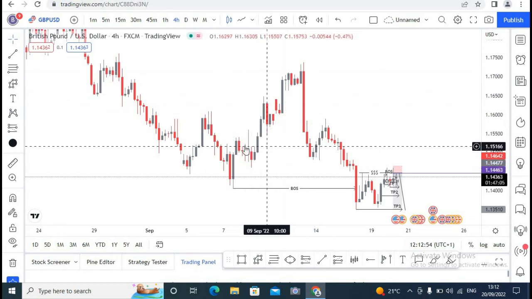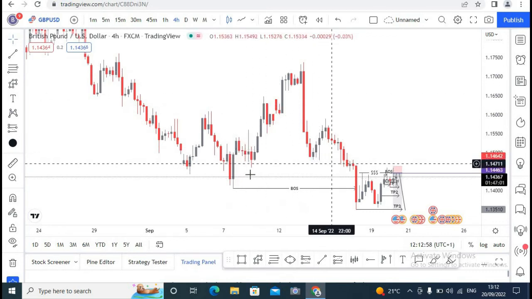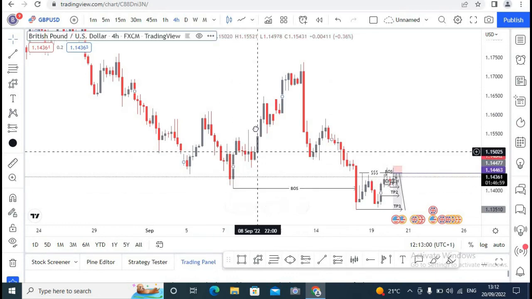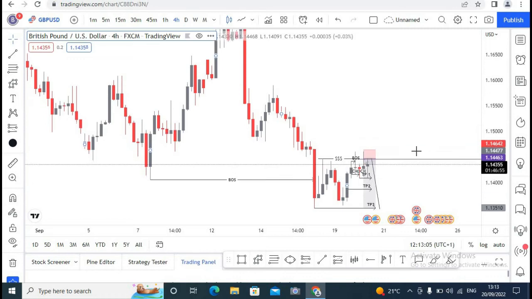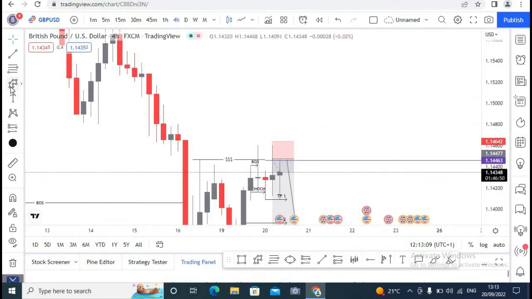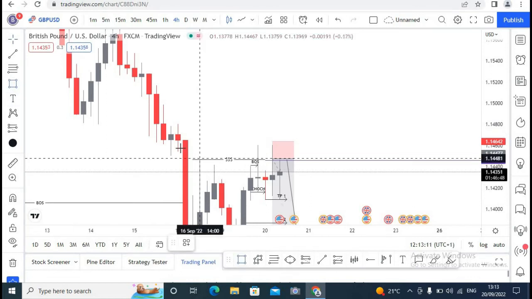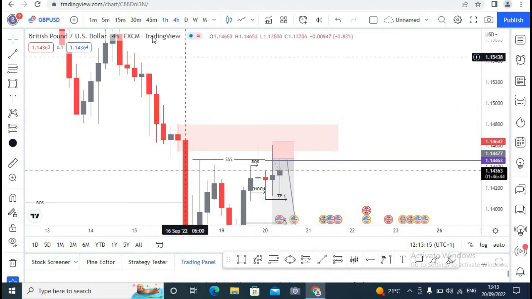Then the price came back to this demand, it failed to hold, and then the price took it out. And also before taking out the swing low, they gave us this opposite candlestick. So that's why I took my sell orders, and you can see that this is our supply zone area.